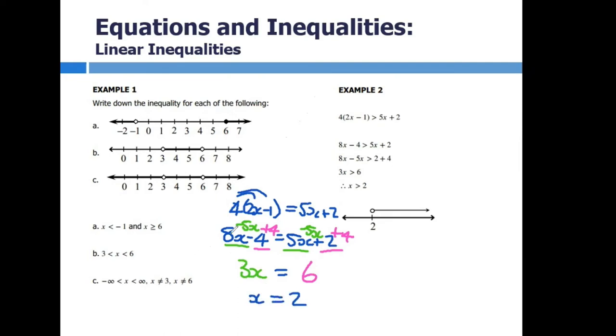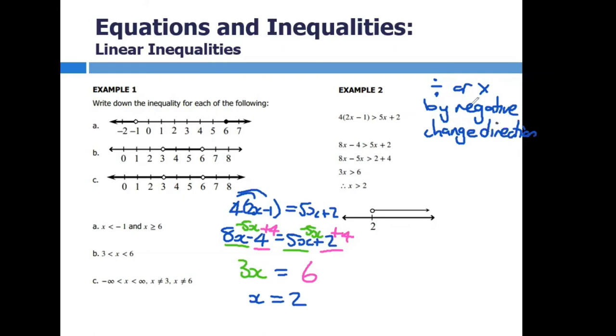This is exactly the same process as inequalities. The only thing you've got to be careful of is if you divide or multiply by a negative, the inequality will change direction. So I'm just going to write here change direction, and we'll do an example of that now.